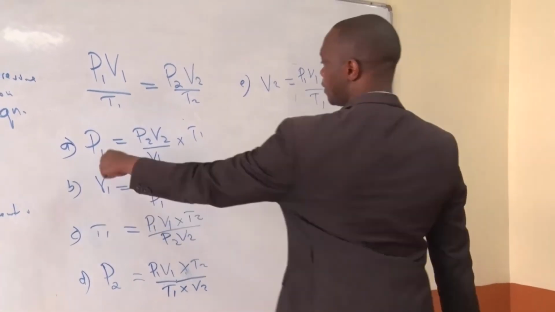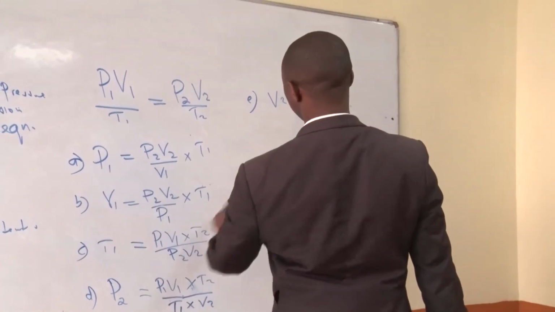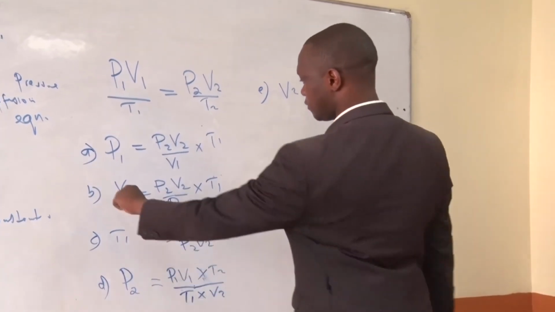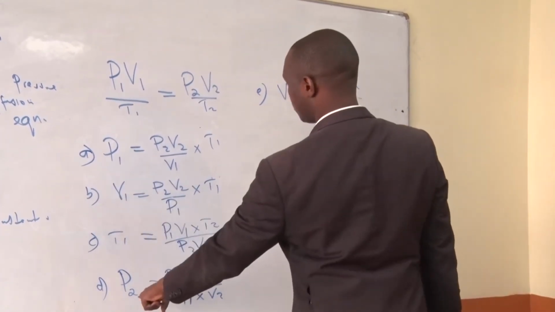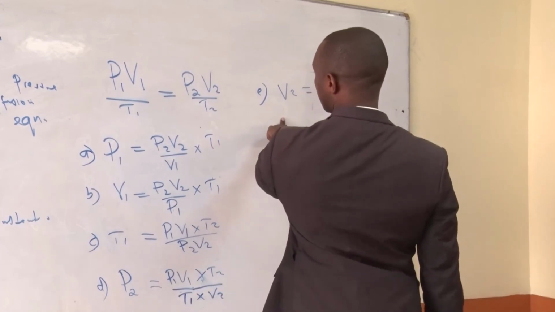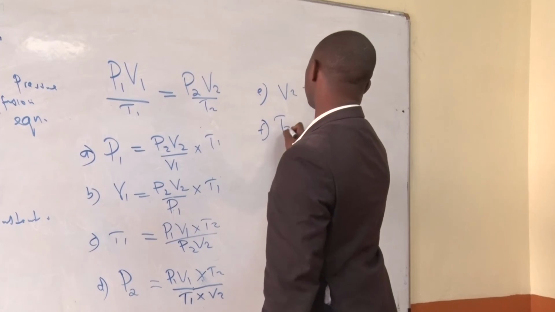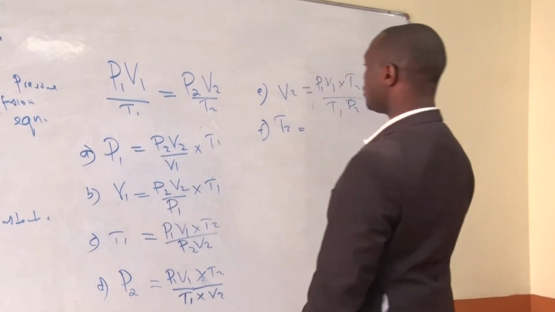So we have looked at P1, V1, T1, P2, V2. Let's now look at the last one, that is T2. How do you identify T2?